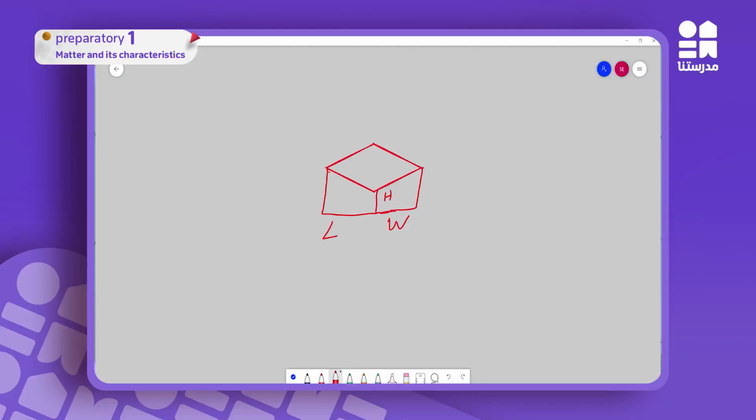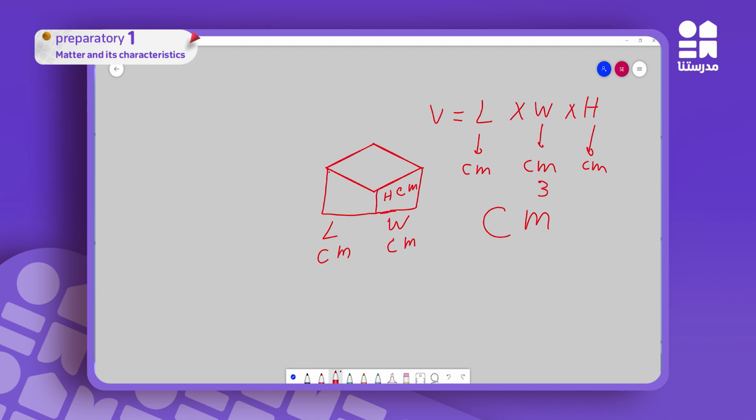Okay? The length is measured by centimeter, and also the width in centimeter, height in centimeter. If you want to find the volume, it is length times width times height. Each one is measured by centimeter. So we have here 3 centimeter. That is why we call the unit of volume cubic centimeter.